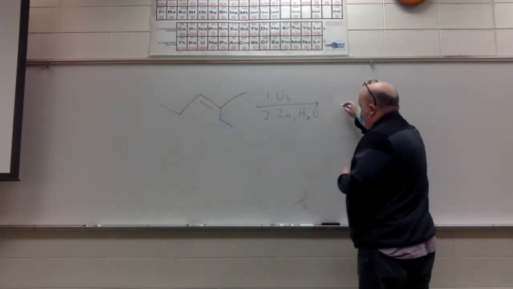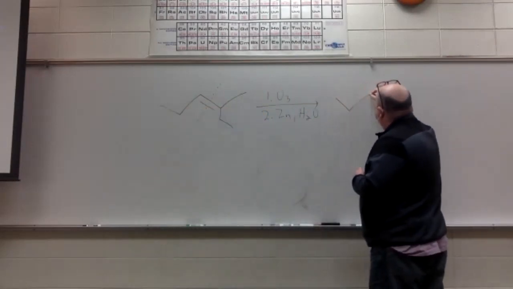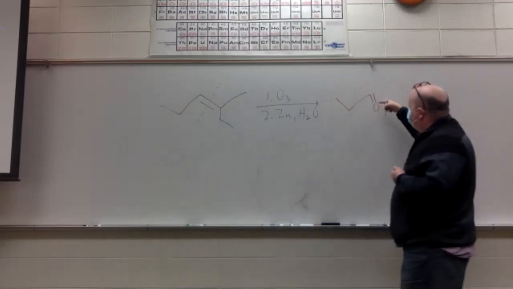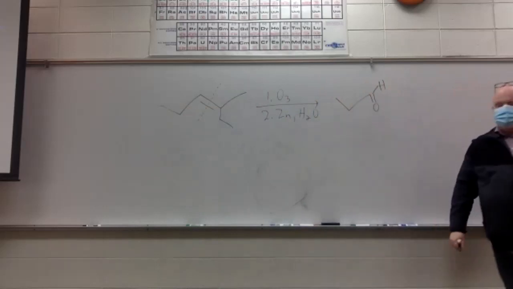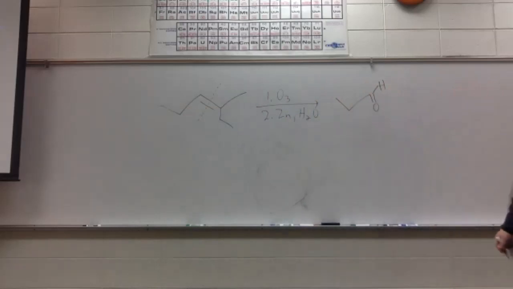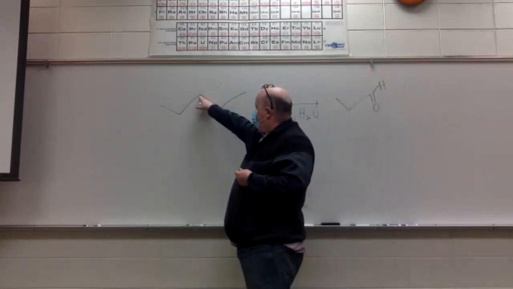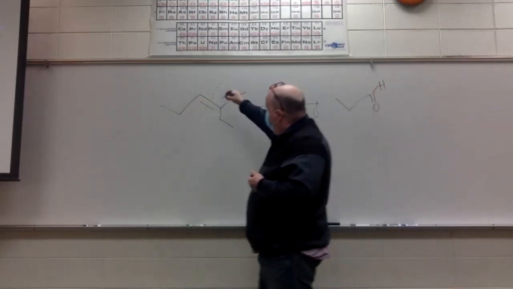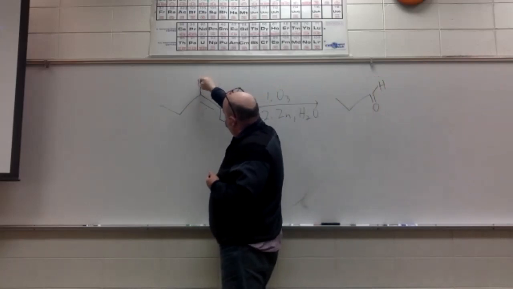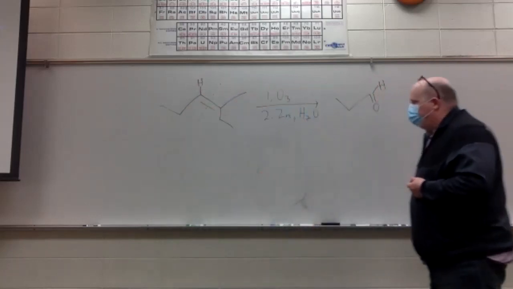So for the left fragment, since you're on the end right there, you form an aldehyde, right? You just literally simply replaced this carbon double bond with the carbon oxygen double bond. The H has always been there, we just didn't draw it in, all right?